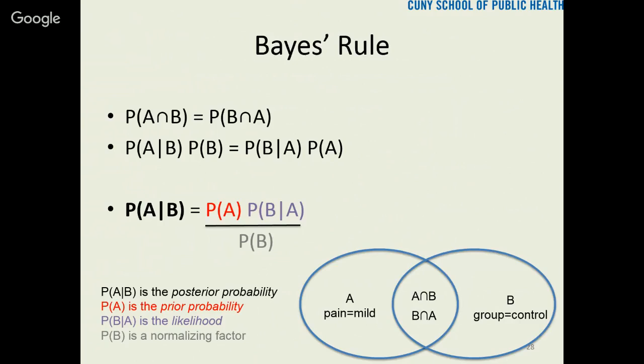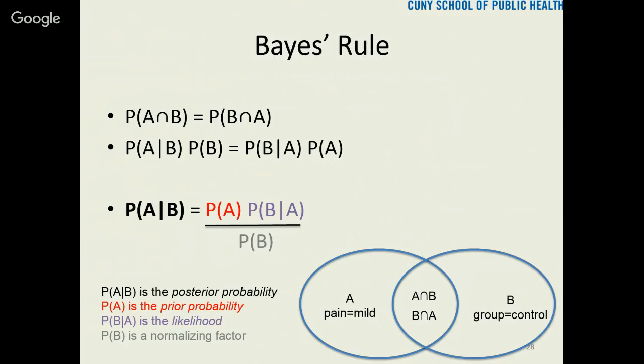Each of these terms has its own terminology in Bayesian language, where this conditional probability on the left-hand side is the so-called posterior probability. This probability of A is the prior probability. The next term there is the likelihood, and that denominator is just like a normalizing factor.